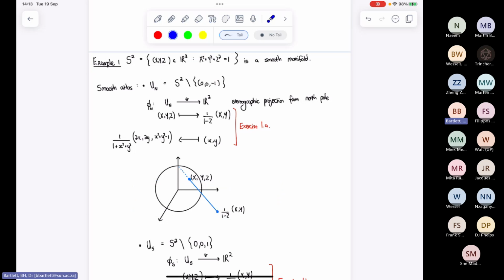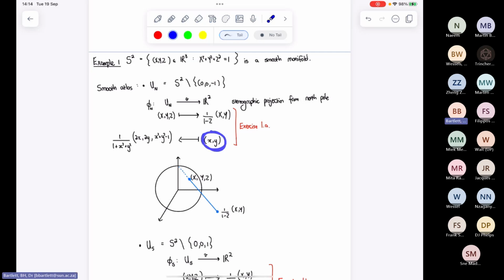It's a nice exercise to work out what these coordinates are in terms of my original point x, y, z on the two-sphere, and you'll work it out to be this formula. It's supposed to be a homeomorphism, so there's supposed to be an inverse map. Given any point in the plane, I can associate a unique point on the two-sphere by the inverse construction.